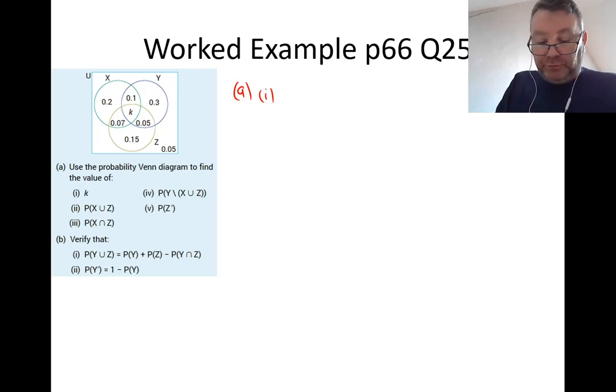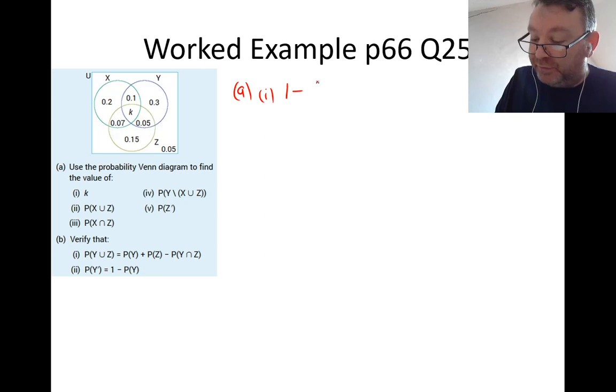We have 0.2 plus 0.1 plus 0.3 plus 0.07 plus 0.05 plus 0.15 plus on the outside 0.05, and that gets me to 23 over 25. Now use decimal form because the question's in decimal form. So first of all, it's going to be 1 minus what you have.